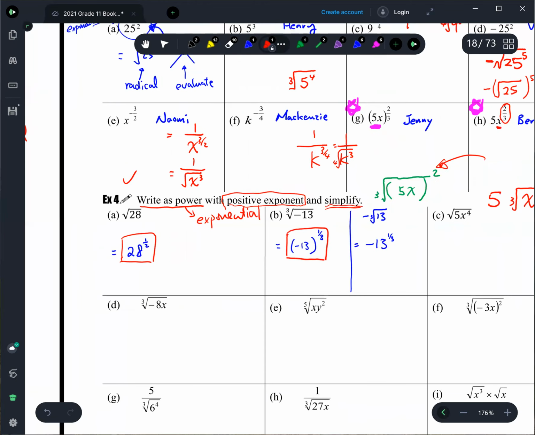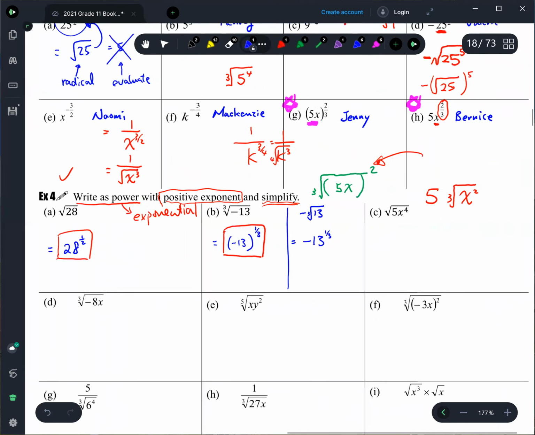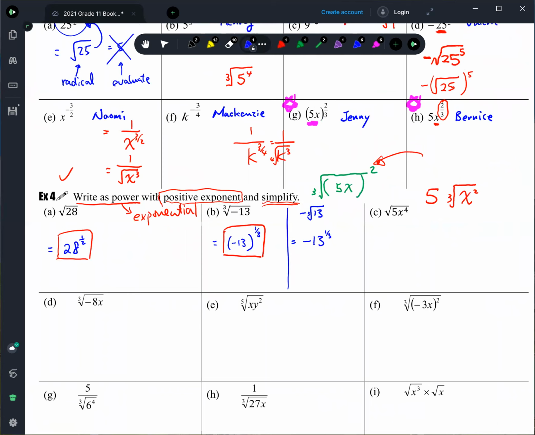All right, so far pretty easy, right? You just go back, rewrite it as exponent, rewind, right? All right, anyone wants to try C? How do you write this using exponent?